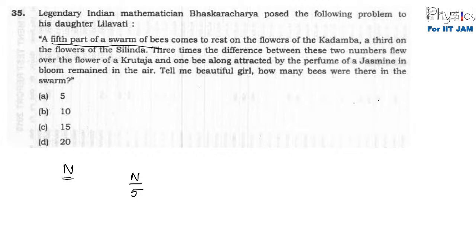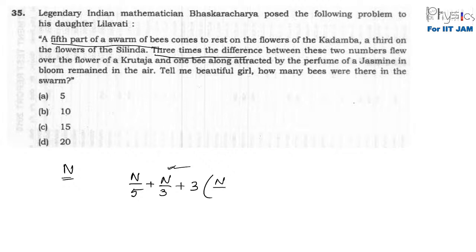And a third on the flowers of the cylinder, that means n by 3. Plus 3 times the difference between these two numbers, that is 3 multiplied by, now which one is greater among n by 3 and n by 5? This one is greater, right?